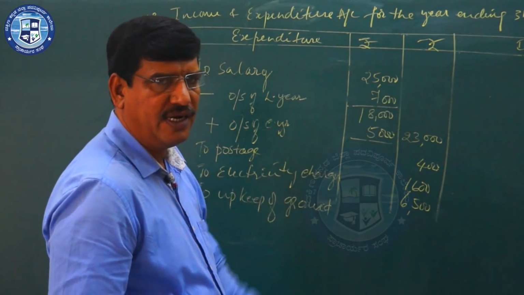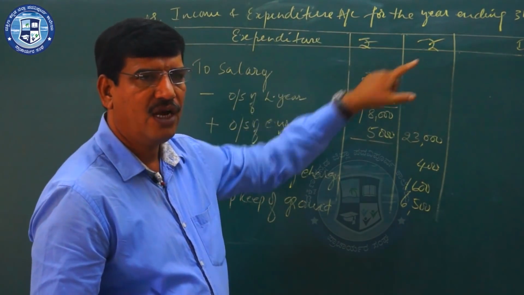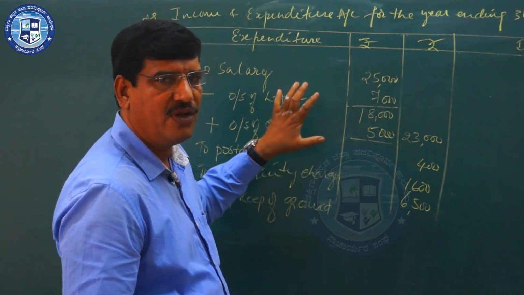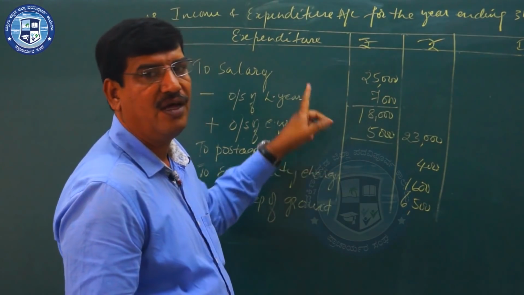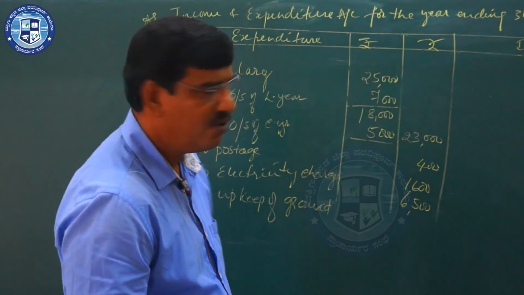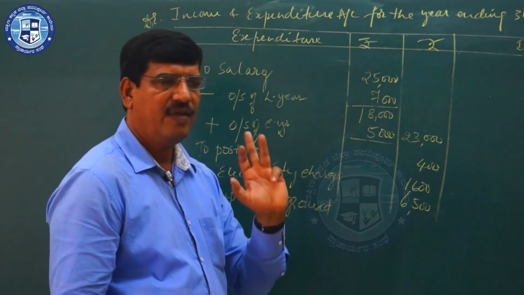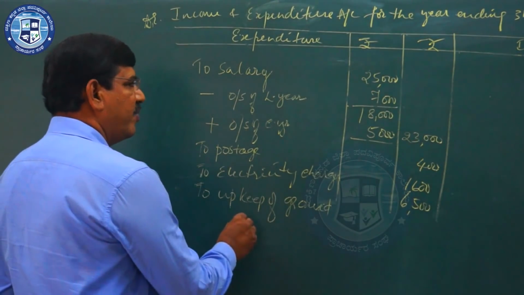But as we have studied, the income and expenditure account includes revenue receipts and revenue payments, and it includes the non-cash items also. Non-cash items means they may be depreciation, there may be bad debts. Those items should be entered in the income and expenditure account.